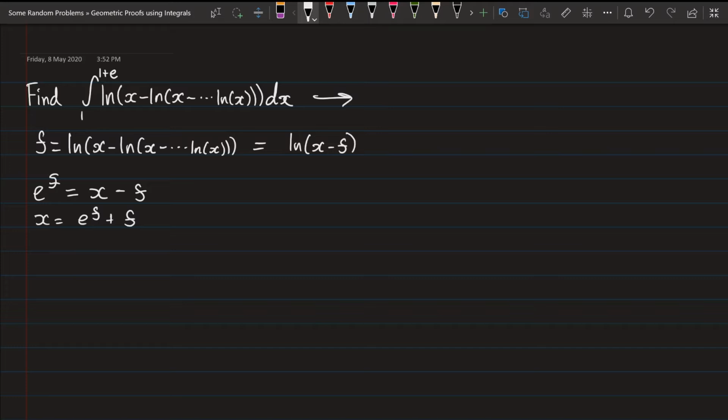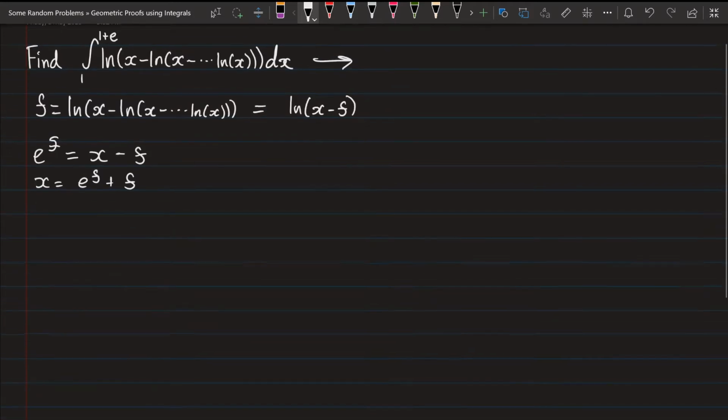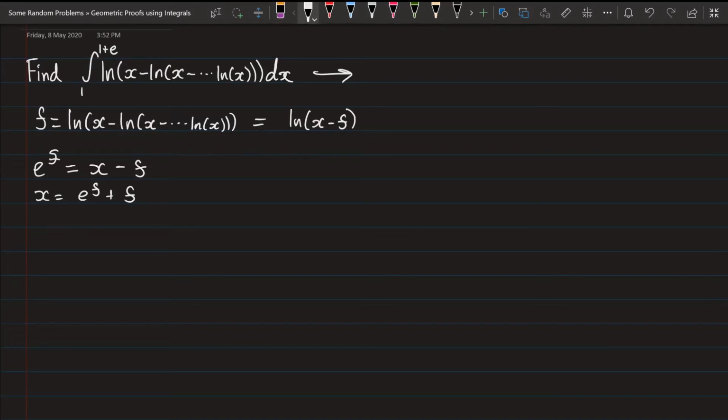If it wasn't that easy, then we'd have some problems and we'd probably have to write out an approximation series, or we could even use Newton's method somehow, but we are just going to do it this way with some easy limits. So to have x is equal to 1, all we have to have is f is equal to 0, because that way we get x is equal to 1 on the right hand side. So f is equal to 0 is our lower limit. And to have 1 plus e, we just substitute in f is equal to 1. So these are our limits of integration for our integral.